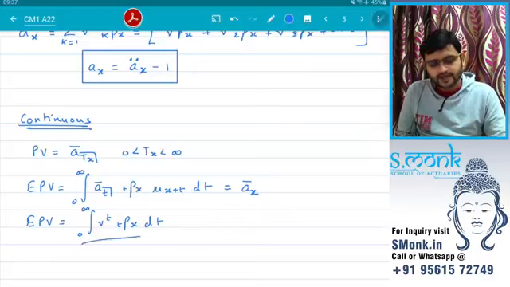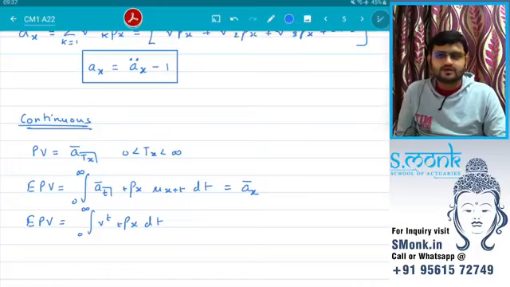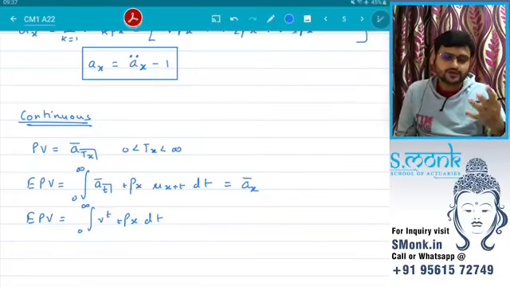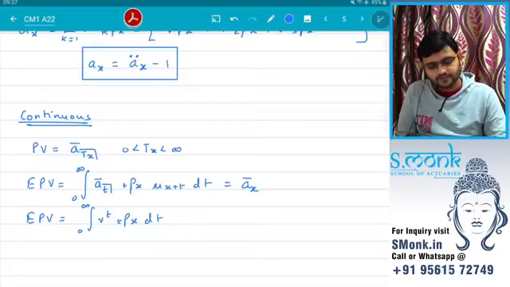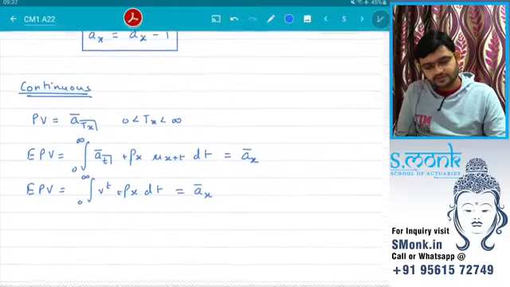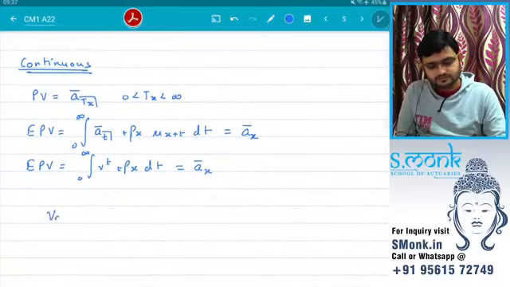Here we are adding up all people who survive till time t and then die immediately, the present value of the payments to those people. This is also our a bar x. Variance of a bar Tx.